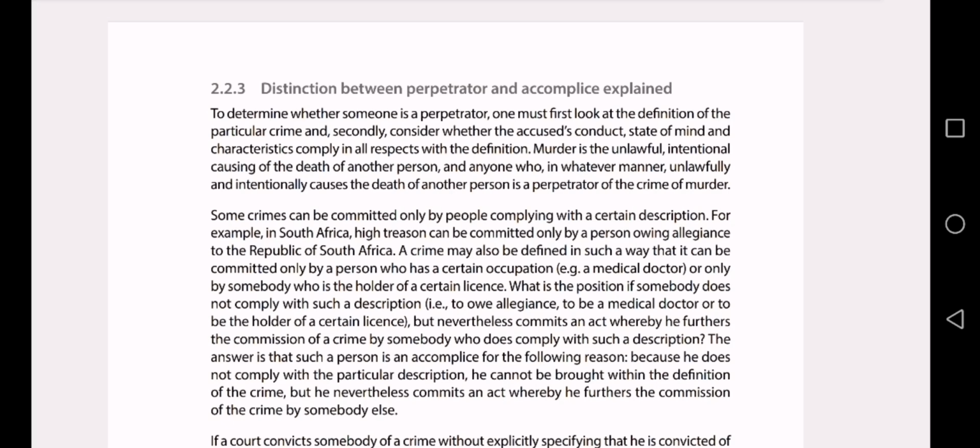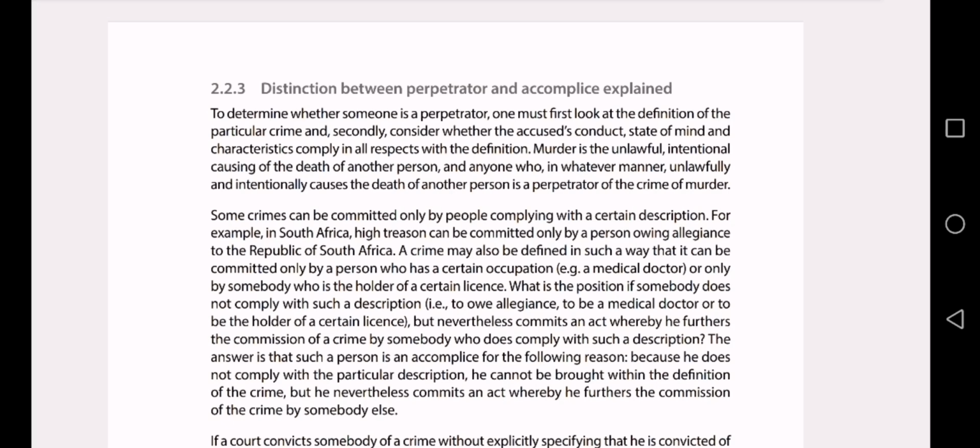To determine whether someone is a perpetrator, one must first look at the definition of the particular crime, and second, consider whether the accused's conduct, state of mind, and characteristics comply in all aspects with the definition. Murder is the unlawful, intentional causing of the death of another. And anyone who, in whatever manner, unlawfully and intentionally causes the death of another person is a perpetrator of the crime of murder.